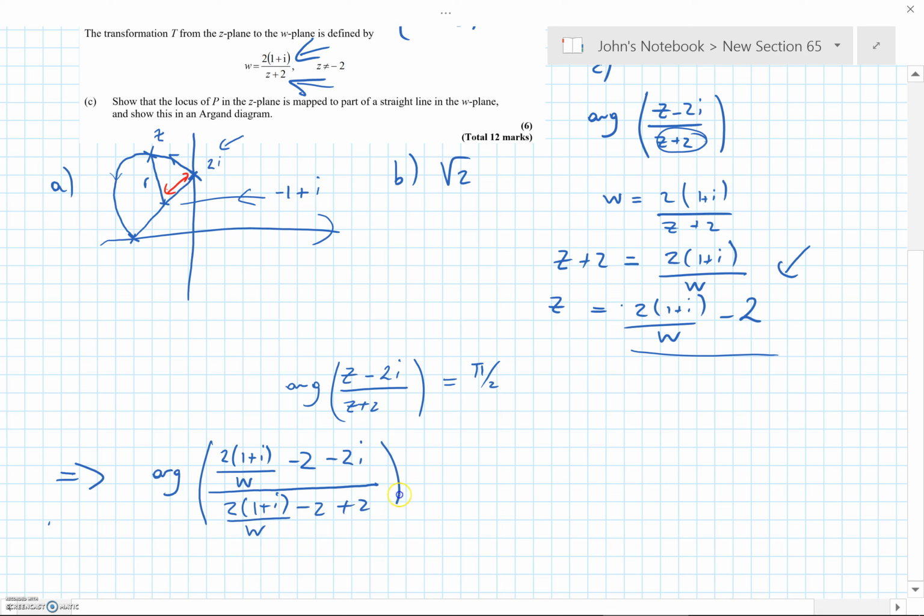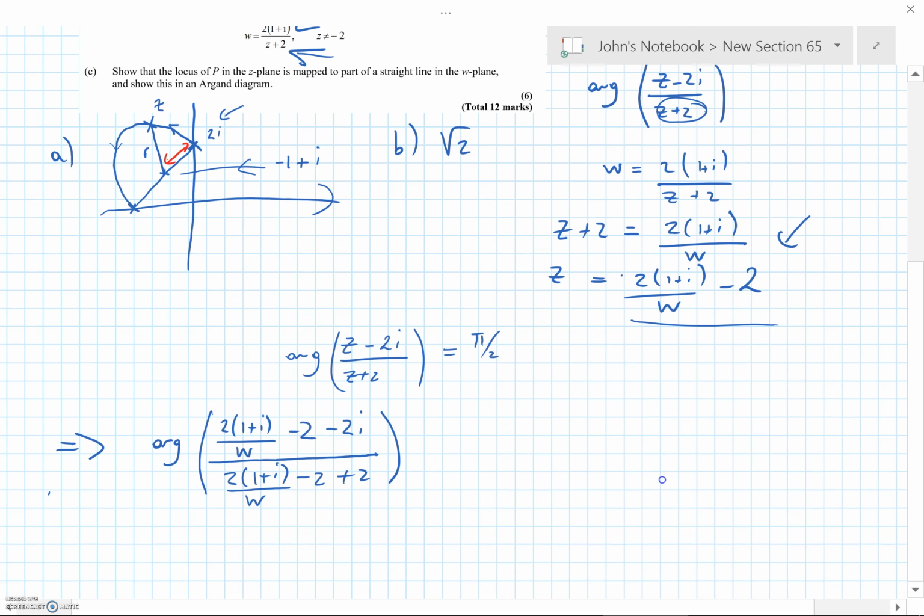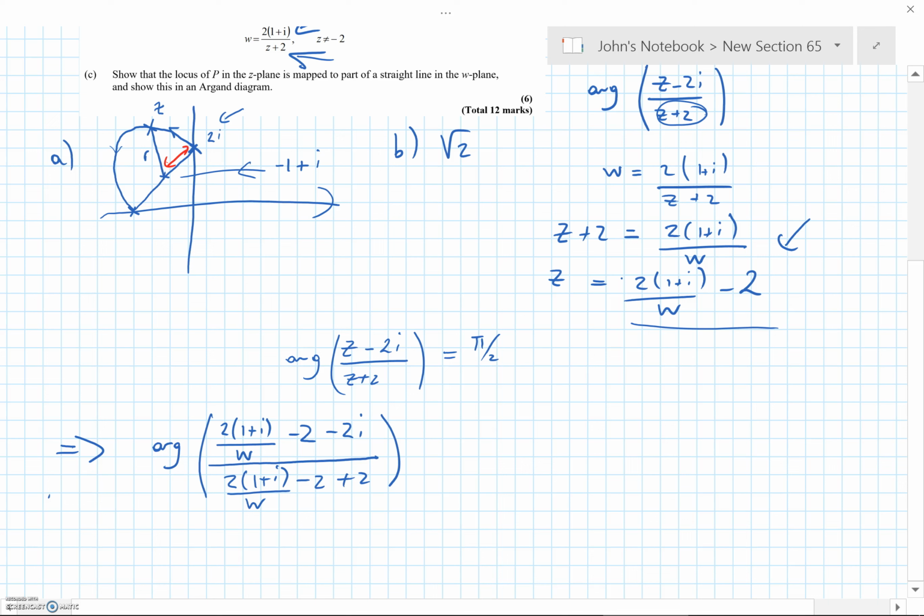As I said, I noticed that that's going to cancel there. It's not particularly pretty, but let's try and tidy it up as much as we can now. We know that's equal to pi by 2, but let's bear that in mind for the moment.